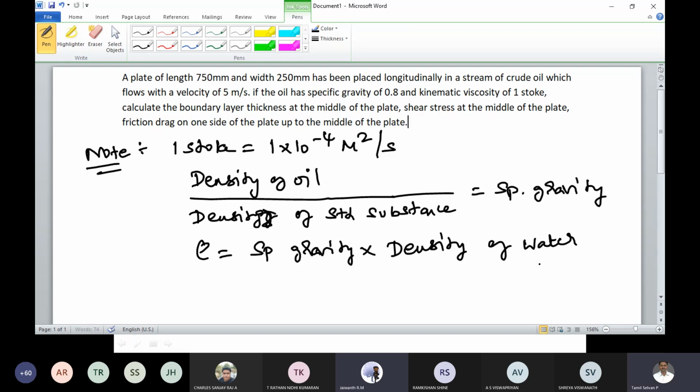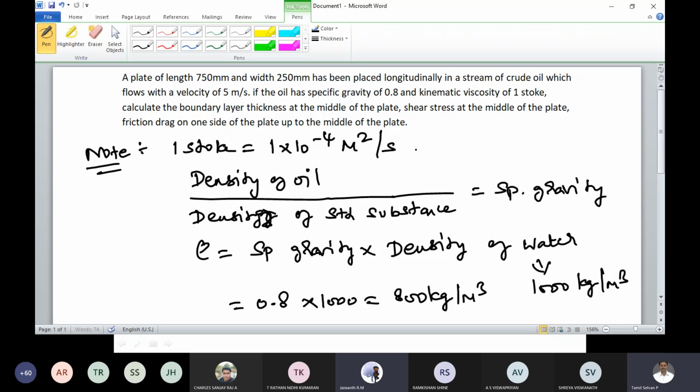We know that the density of water is 1000 kg per meter cube, so 0.8 into 1000 gives 800 kg per meter cube. And we know that 1 stoke is equal to 1 into 10 power minus 4 meter squared per second.